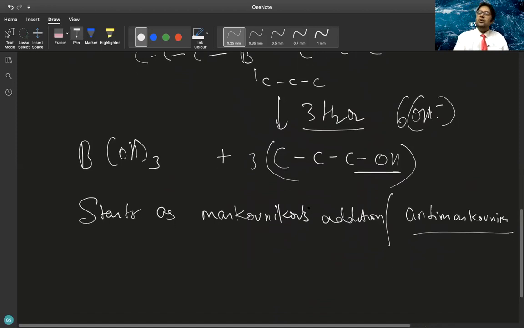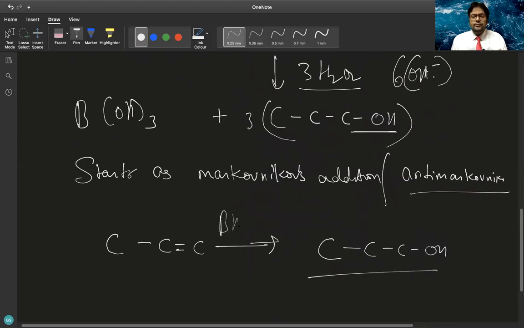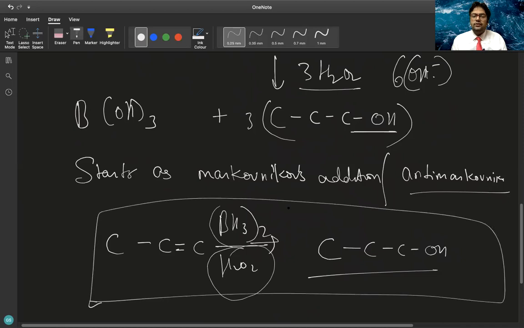So even in your NCERT or in many tests, you will get this: try to convert propene into propan-1-ol. So pretty easily you can get it done by using this in particular. And this reaction is hydroboration oxidation. It starts as Markovnikov, and will give you a product of anti-Markovnikov.